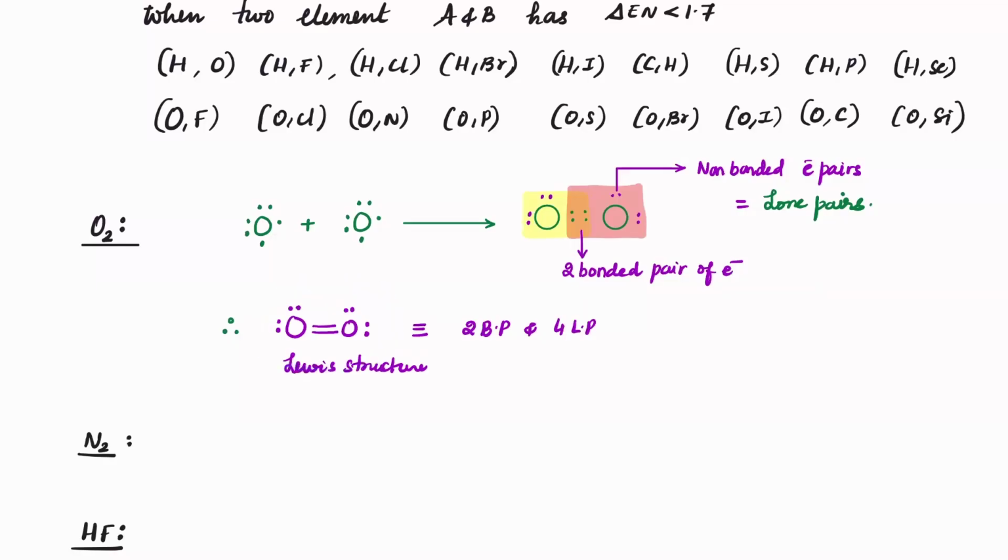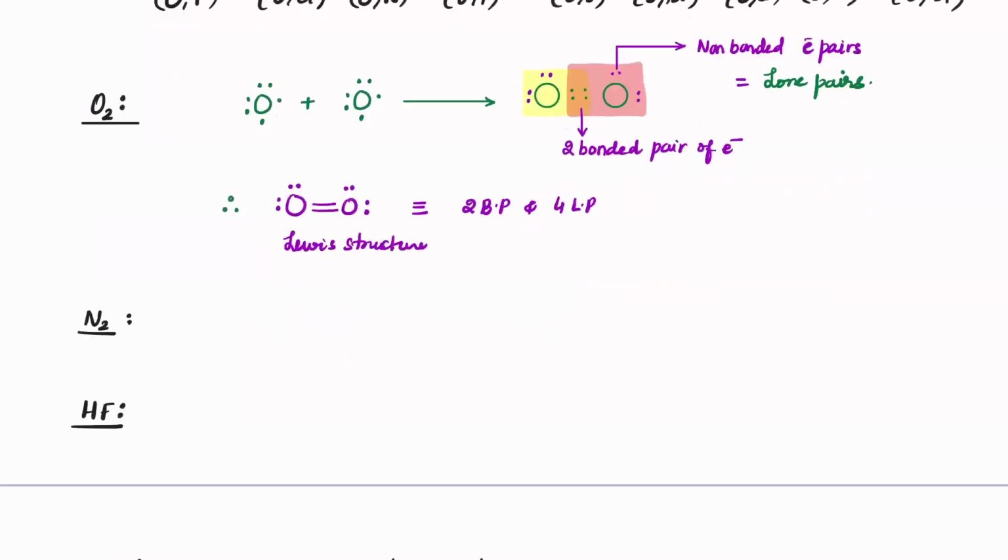Okay. See the next one. In case you have N2, N has 5 electrons like this, plus another N with 5 electrons. To get itself to octet completion, the best possible scenario is to share three electrons with each other and keep one lone pair, or non-bonded electrons, on each side.